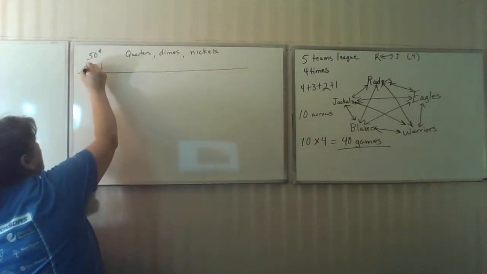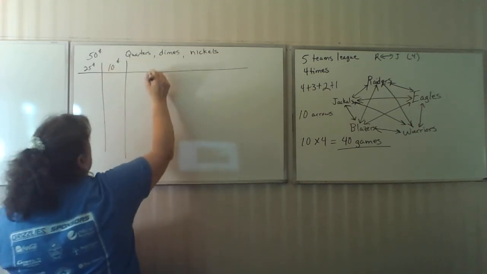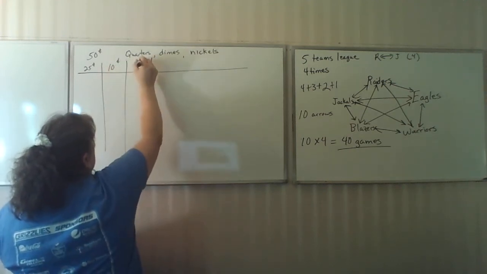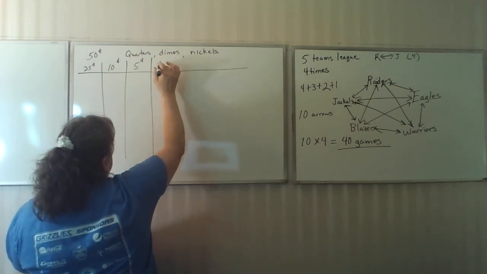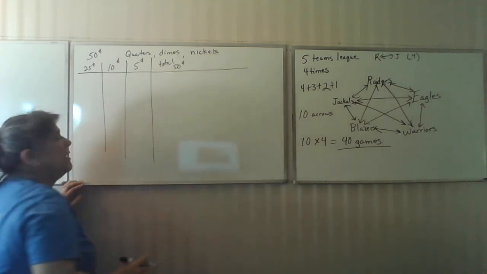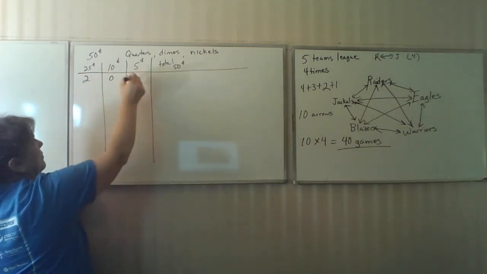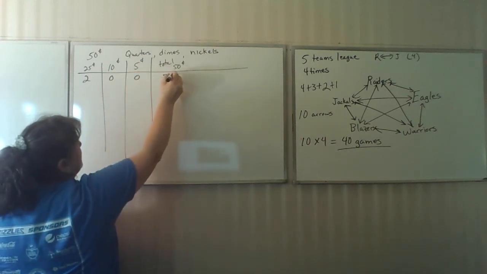These are quarters, these are dimes, these are nickels, and this is my 50 cents, my total, and I want it to be 50 cents, okay? So I can make 50 cents with 2 quarters, no dimes and no nickels, that makes 50 cents.